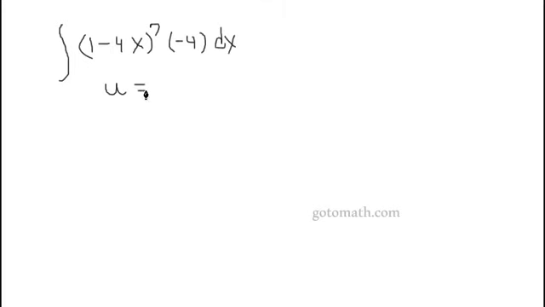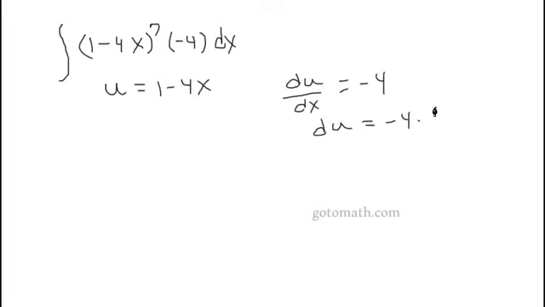So we let u equal 1 minus 4x. Usually whatever's in parentheses is what we're going to let be our u. And we have du over dx is equal to, so we take the derivative of this and we get negative 4. But we want to solve for the du. And there you go. As you can see, we can do the substitution.